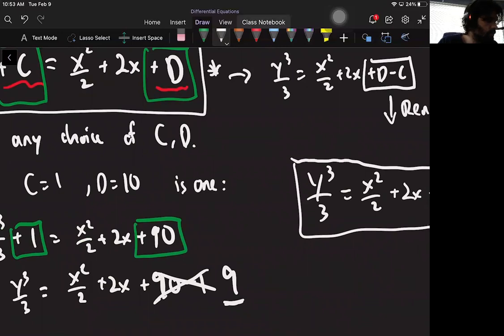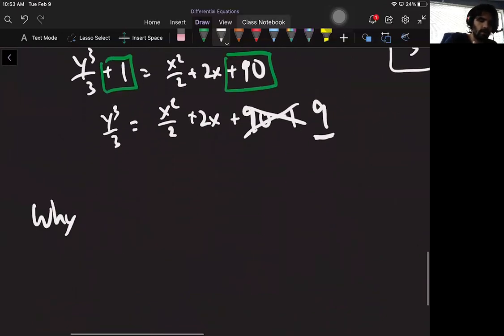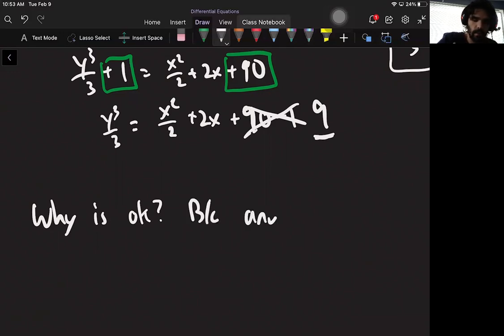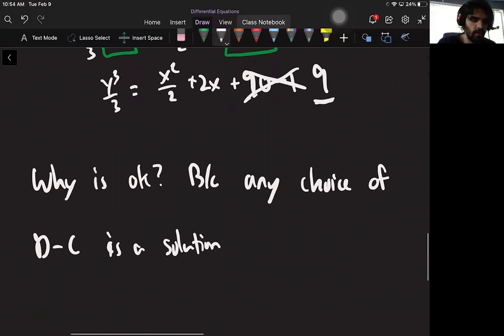It's the same result. Okay, so why is this okay? Let me write that down in writing. Why is changing names of constants okay? Well, it's really because any choice of D minus C is a solution. So you're getting all these solutions from different choices.